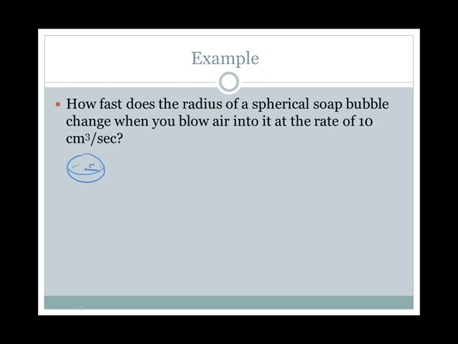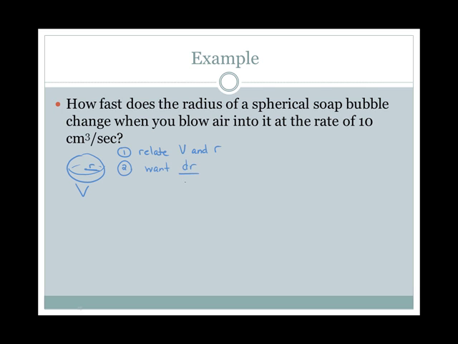All right, well, when we blow air into the bubble, we're talking about changing its volume. And so we need a formula that relates. So number one, we need to relate V and R. And then what we want to know is dr/dt.